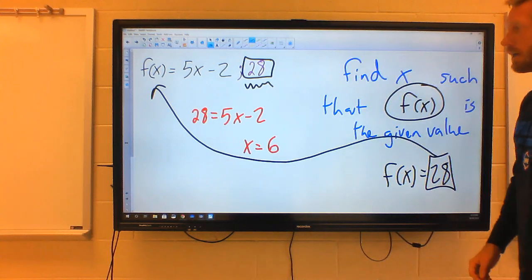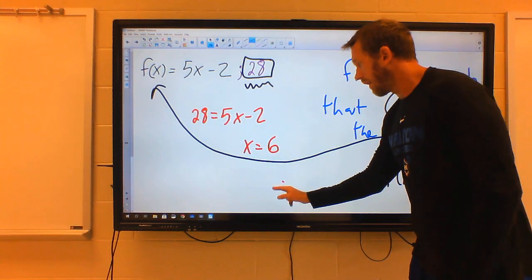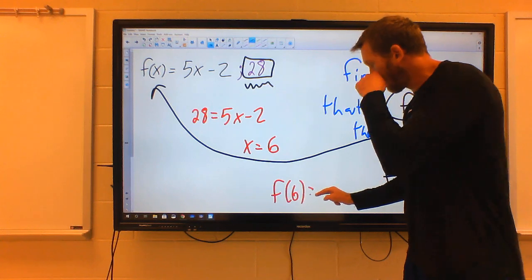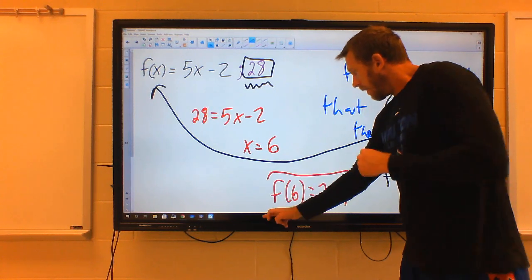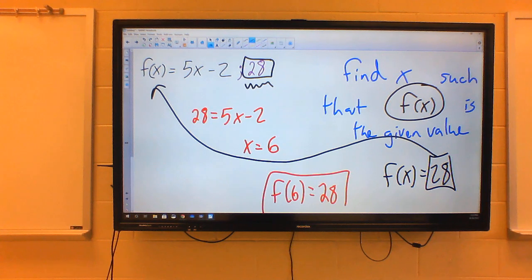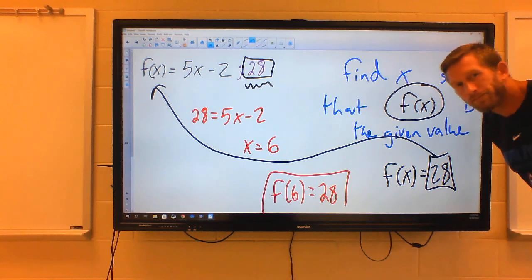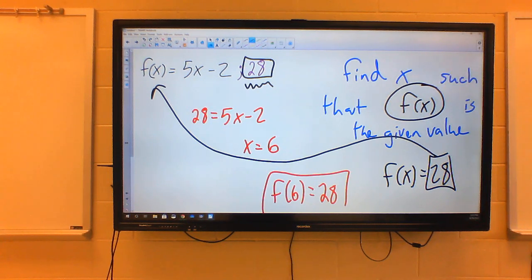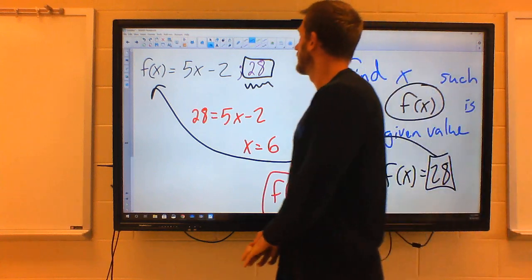Okay, that's what they mean. And then if they want the answer in function notation, f of 6 equals 28. Does that make sense to everybody? Yeah? Okay. Hopefully everybody's good with that.